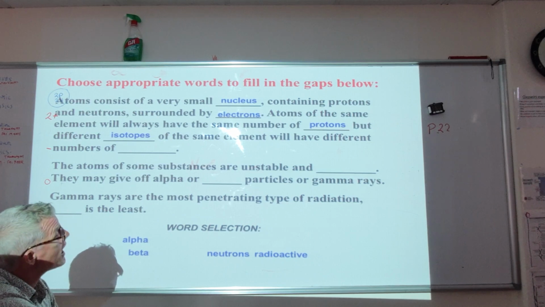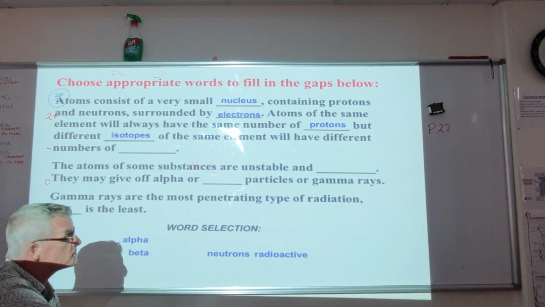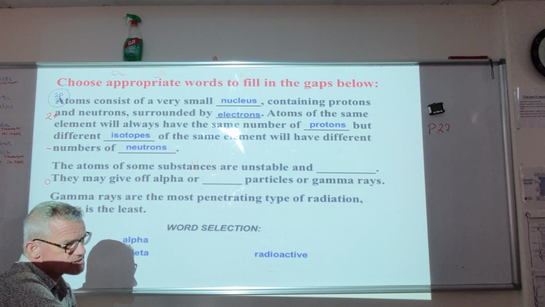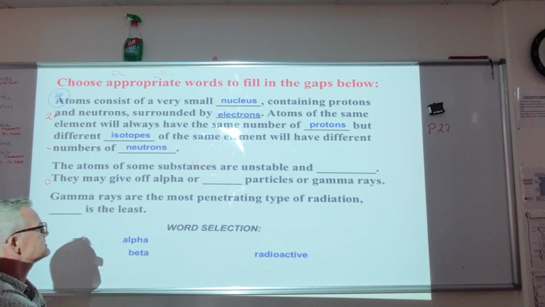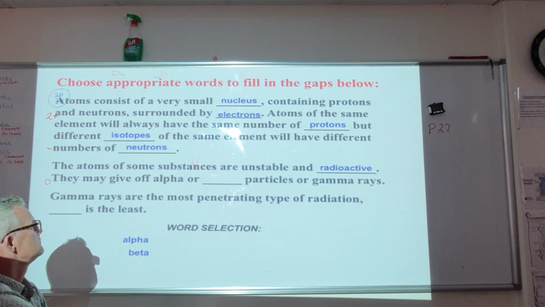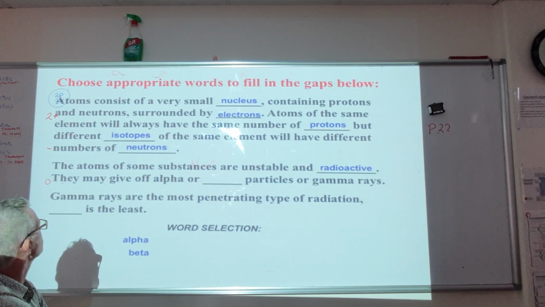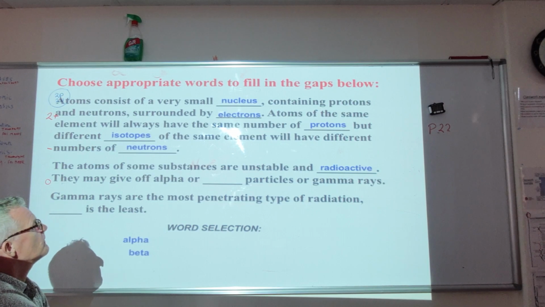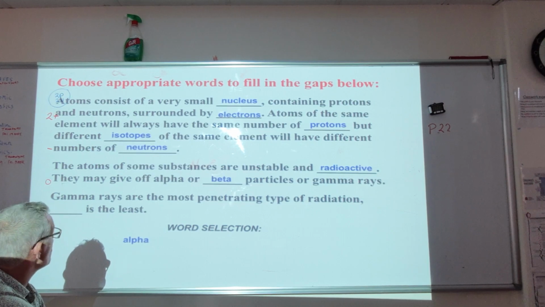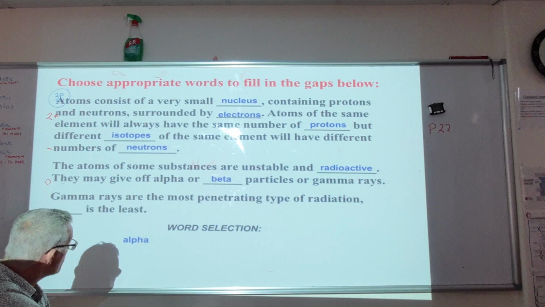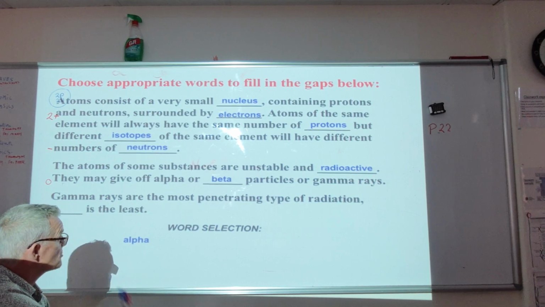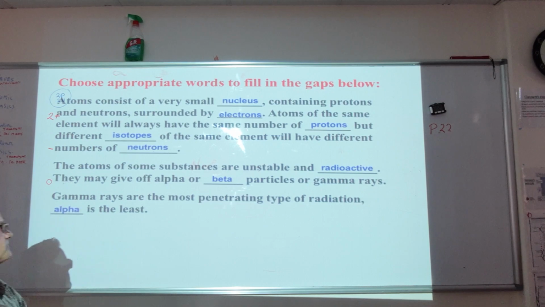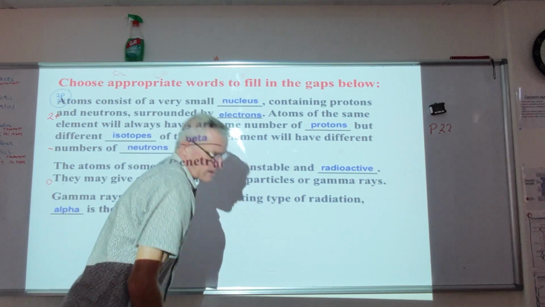The atoms of some substances are unstable and radioactive. They may give off alpha or beta particles or gamma ray particles. Gamma rays are the most penetrating type of radiation, alpha is the least. Yeah? Okay.